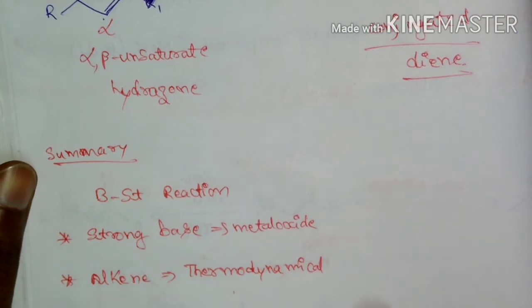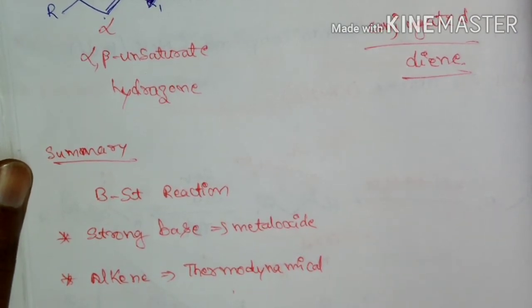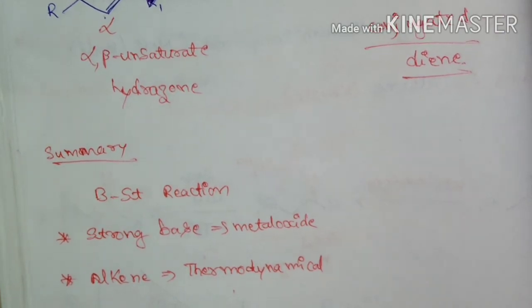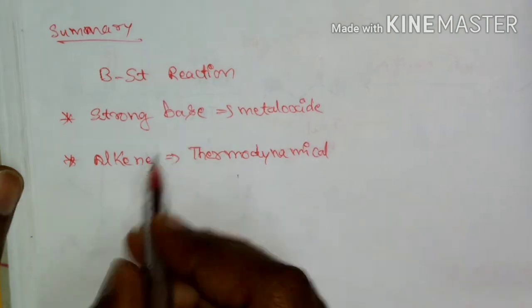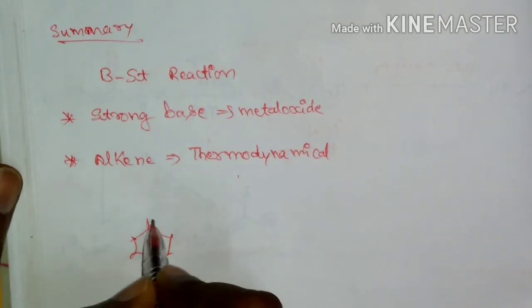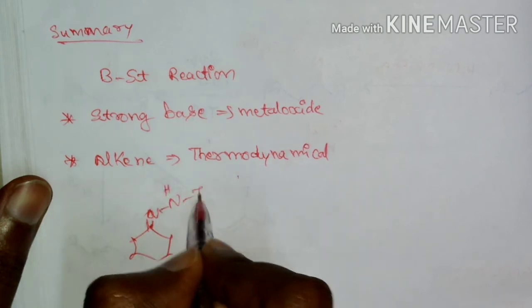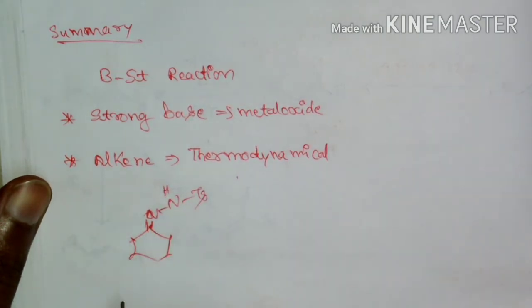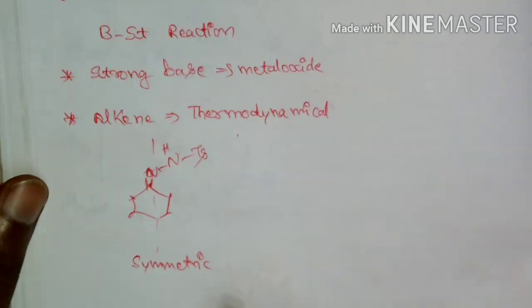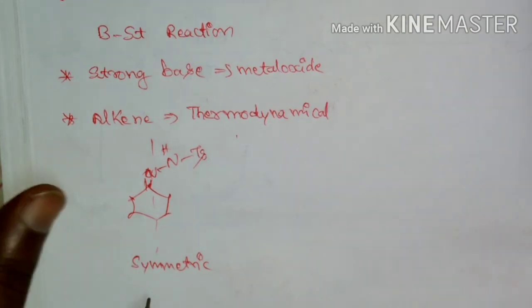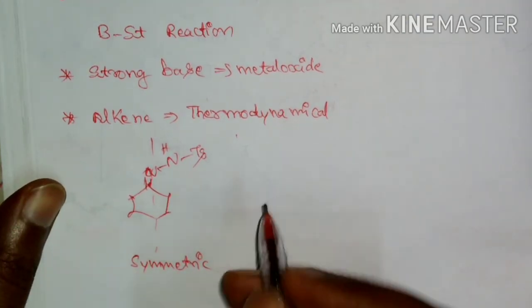So this thermodynamic and kinetic product will be decided by whether the carbonyl group is symmetric or asymmetric. So suppose for example, if you take the tosyl hydrazone of cyclohexanone, this is a symmetric one. Okay, so whatever alkene you are going to get, it doesn't matter.